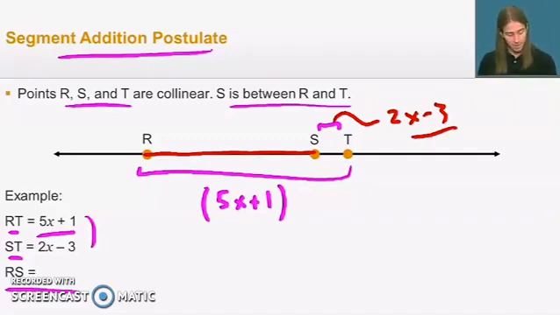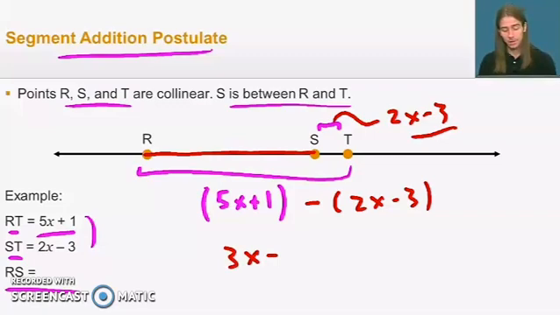I'm going to take that 5x plus 1 and subtract 2x minus 3. When I combine like terms, I see that I have 3x plus 4, and that is in fact the length of RS.